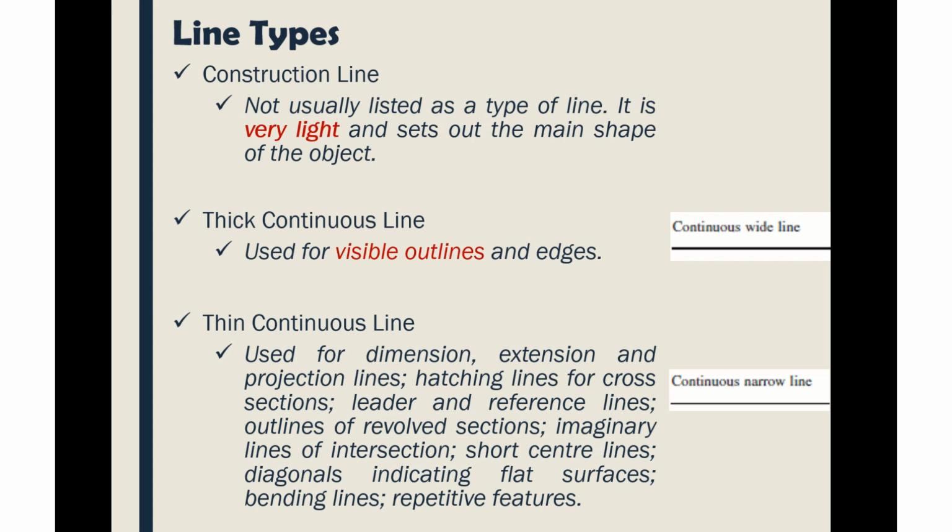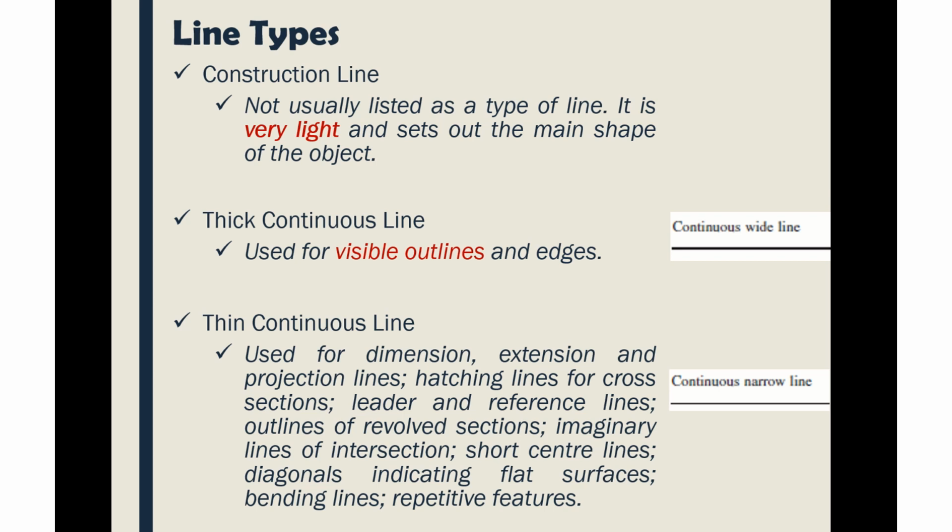Okay. We also have the thin continuous line. The thin continuous lines are used for dimension, for extension, for projection lines, for hatching lines, for cross sections, for leaders and references, for imaginary lines of intersection, for short centers, for diagonals indicating flat surfaces, for bending lines, and for some repetitive features.